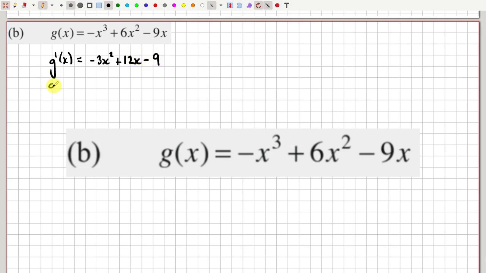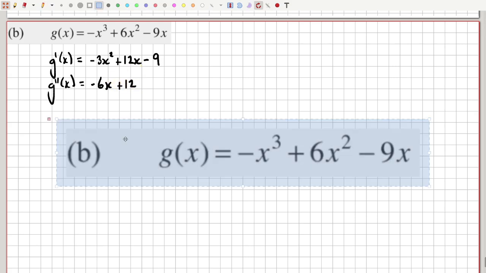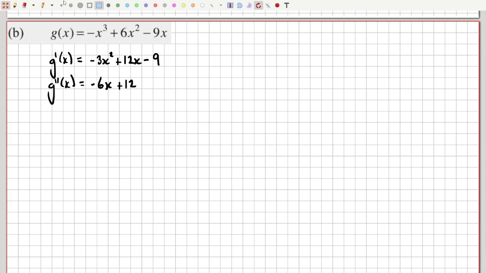And we also need our second derivative, which is this. Okay. We see our y-intercept should be (0, 0). Our x-intercepts, we'll be using our calculator for.